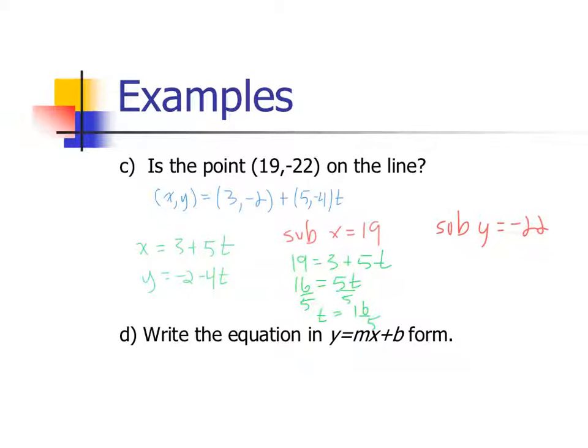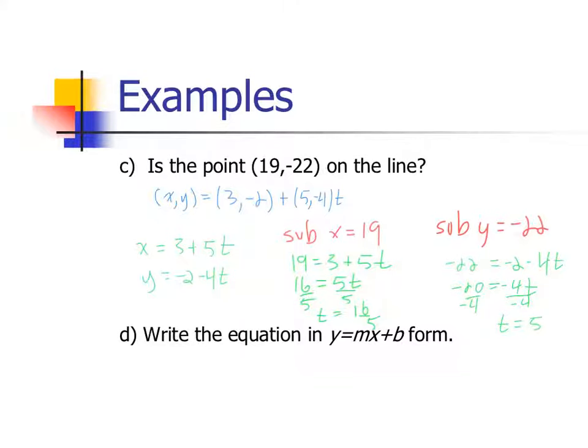In the y equation, we'll put negative 22 equals negative 2 minus 4t. We can add 2 to both sides to get negative 20 equals negative 4t. Divide both sides by negative 4, and we get t is equal to 5.